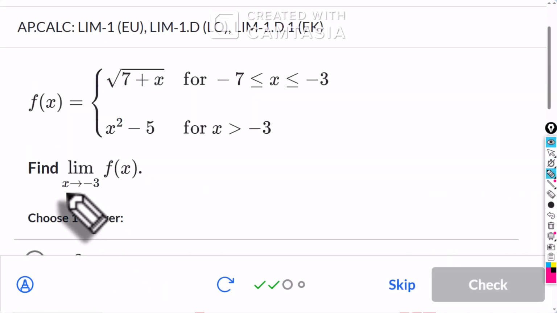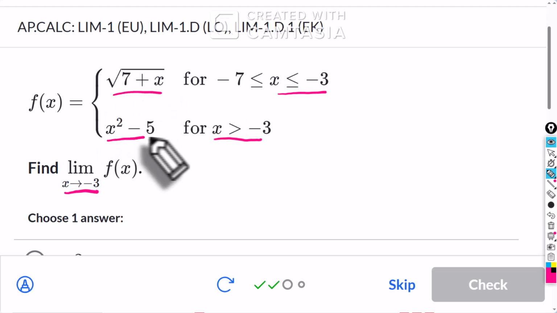All right, here we have the limit as x approaches -3. So notice for x equals -3, it is on the boundary of both functions. This one is for x is greater than -3, and this one is less than or equal to -3. Since -3 is right on the boundary, we have to try -3 on both functions, and it has to match.